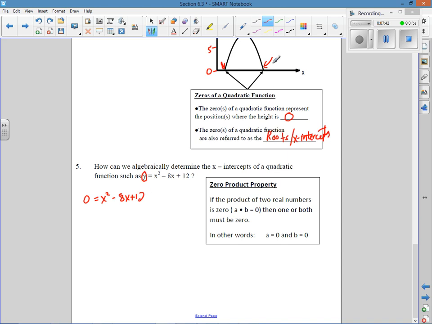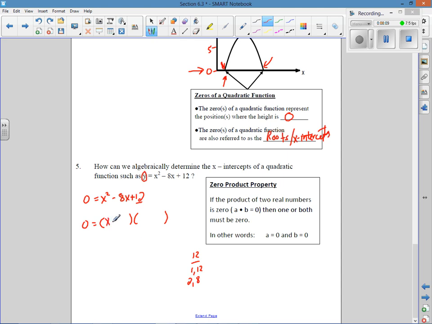So find the value of x when the height is 0. So we need two factors of 12 that add to give us -8. Factors of 12, 1 and 12 can't be added or subtracted to get an 8. 2 and 6, they can be added to get an 8.